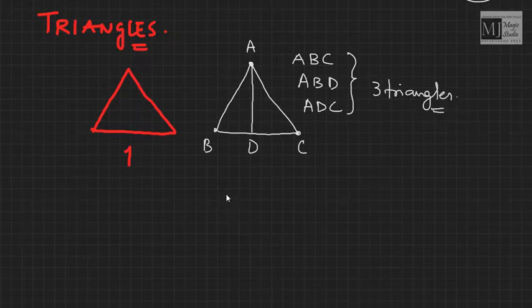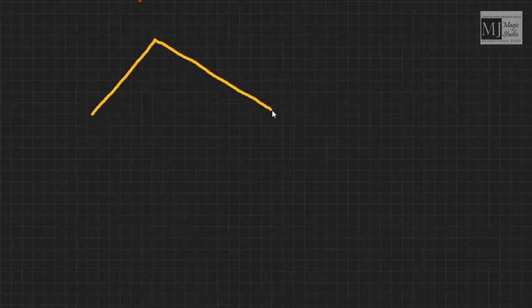But if I keep on dropping lines from this vertex on the base at different angles, then would it be easy for us to calculate the number of triangles? Let's see how to do that. It is fun. Just see and make a note of this properly.